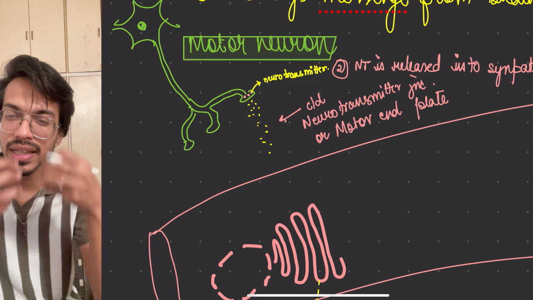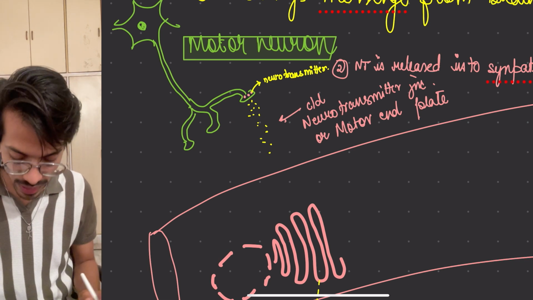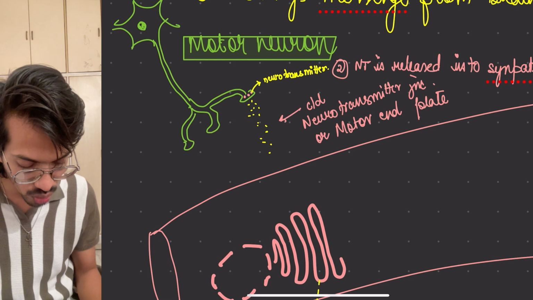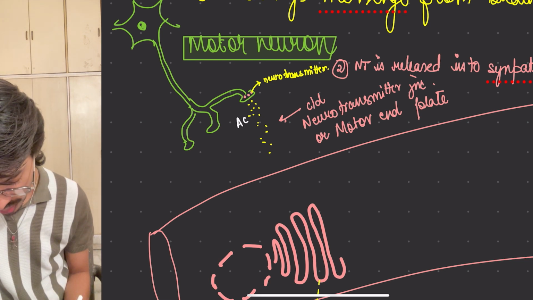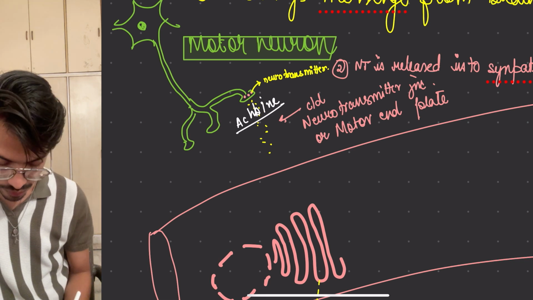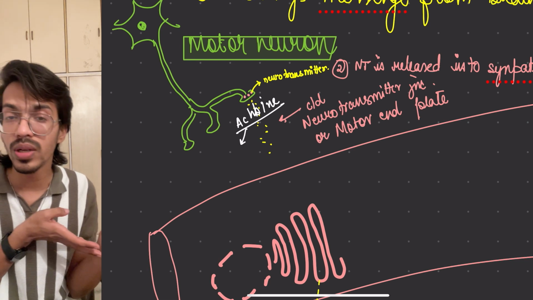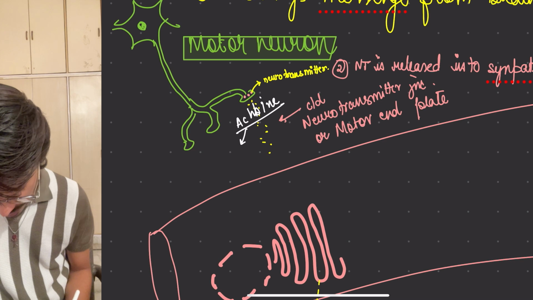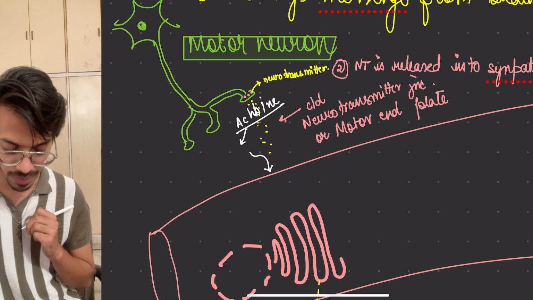Now there is one thing we have to remember. If the neurotransmitter is released, for example acetylcholine, what will happen? This acetylcholine will first be degraded into acetate and choline with the help of an enzyme, and then it will go and attach to the plasma membrane.